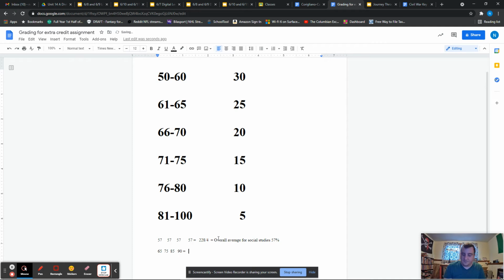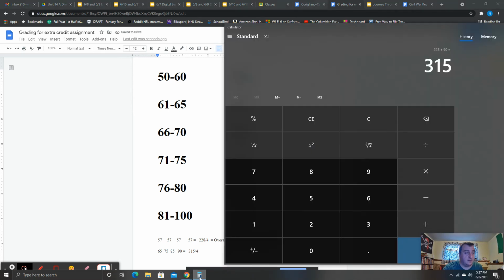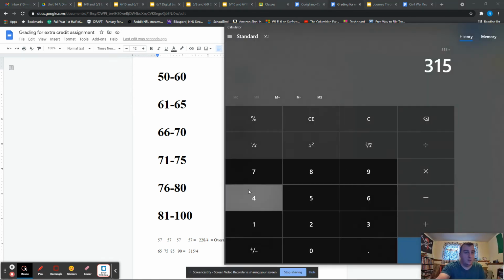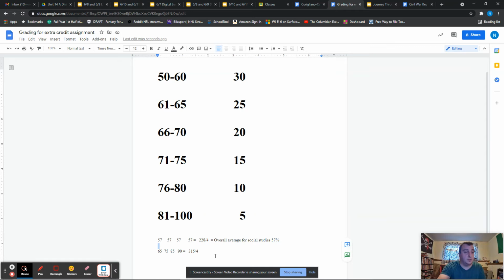Now, when we divide by 4 for each of the four numbers that were added in, that's going to give you a total average of 78.75, which is going to round up to an overall average of 79. Overall average is 79%.